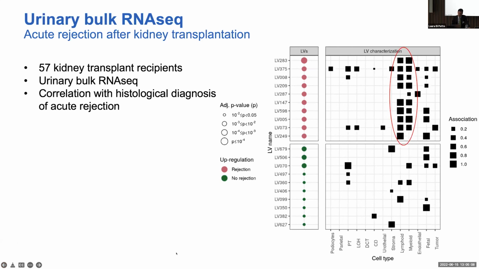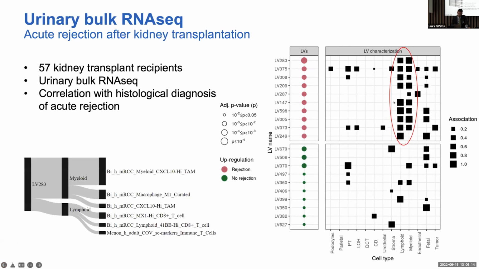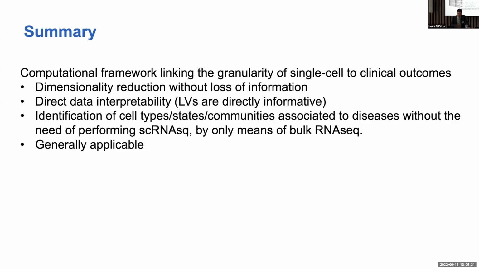As you can see here, we have a strong association with latent variables related to lymphoid and myeloid cells. And if we go into more detail, this patient had a signature compatible with the presence of CD8 T cells or M1 macrophages, which are known to be key players in acute rejection. So it seems that the same technology can also be applied on clinically relevant samples.